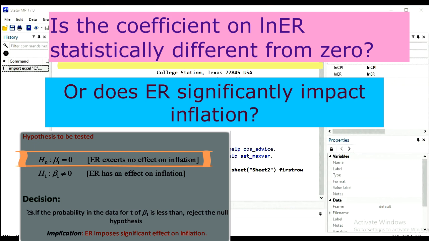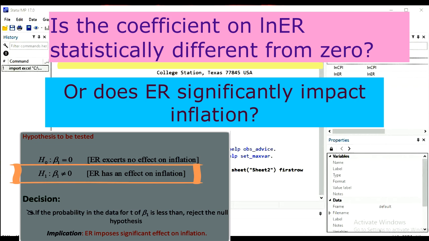That means the coefficient of the exchange rate is equal to 0, meaning that the effect of exchange rate on inflation is statistically 0. And the alternative suggests that beta 1 is different from 0, meaning the effect of exchange rate may be different from 0.